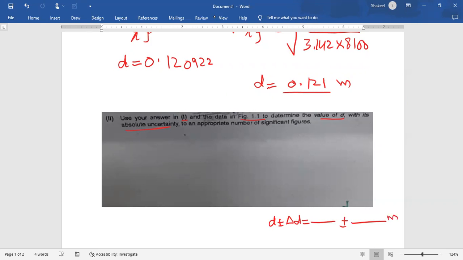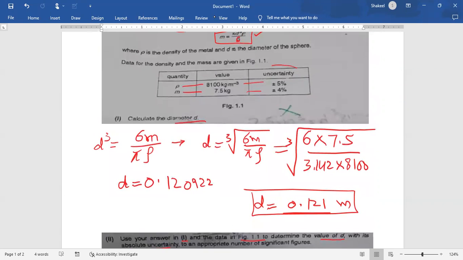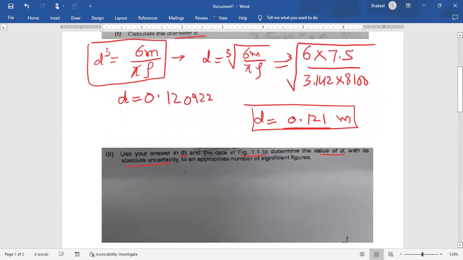Okay, so we have got D. Now you have to find the uncertainty. As we can see, the percentage uncertainties are given, and clearly it is a case of multiplication and division. So you'll simply add the percentage uncertainties.